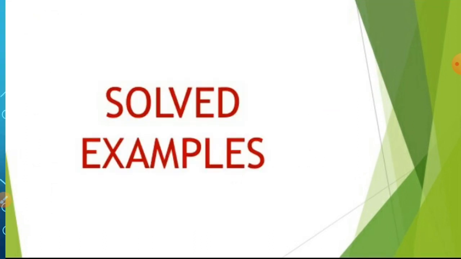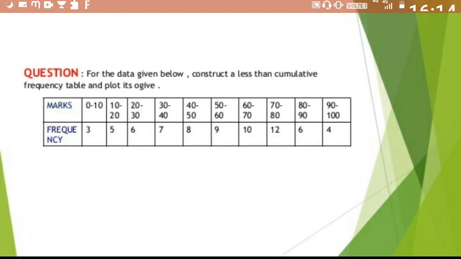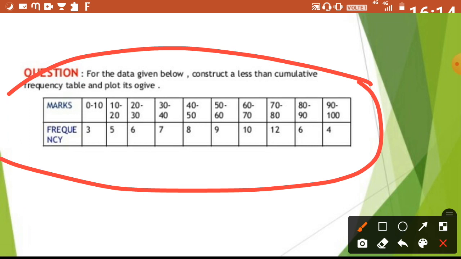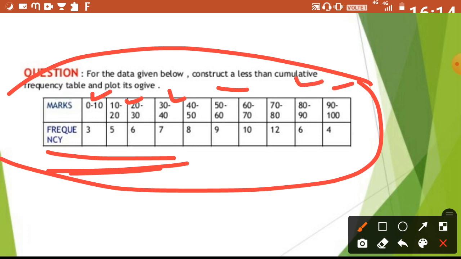So here is your solved example. You can see that here are the marks and here are their frequencies. 0 to 10 the frequency is 3, 10 to 25 and so on up to 90 to 100. First we have to know what is the upper limit and what is the lower limit. Let's consider 0 to 10.